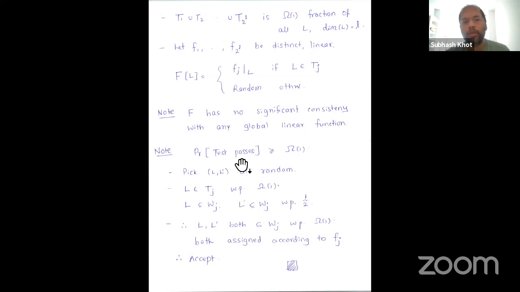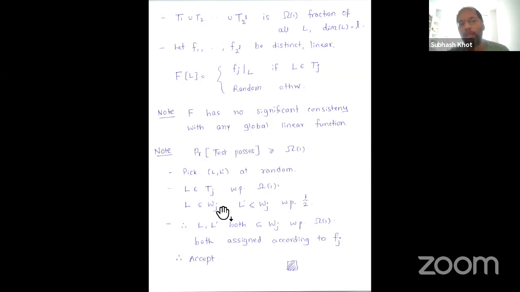But this table F does pass the test with constant probability, for basically the same reason as before. If you try to pick a pair of subspaces L and L prime at random with intersection of dimension L minus 1, then since these T sub j's cover a constant fraction of the subspaces, L will be in one of those sets with constant probability, which is the same as saying L is completely contained in the corresponding hyperplane W sub j.